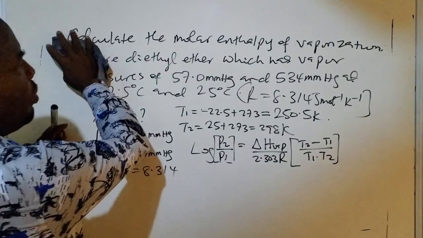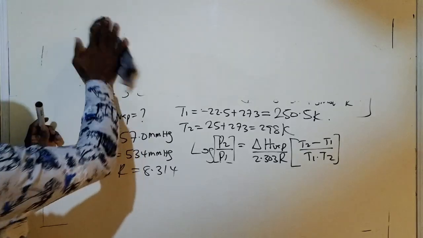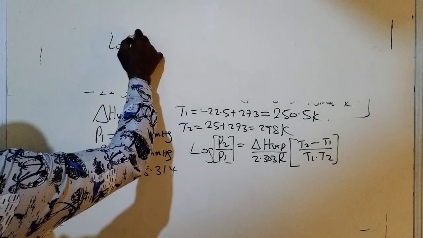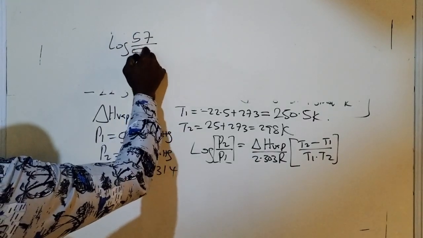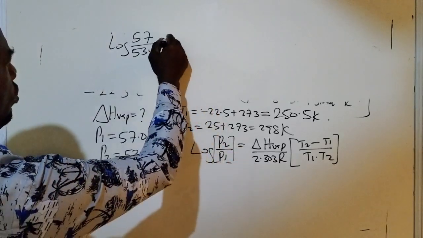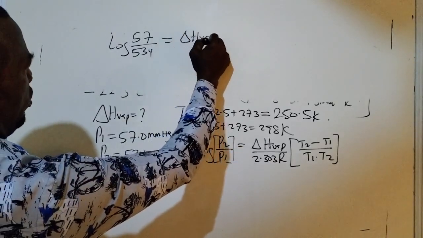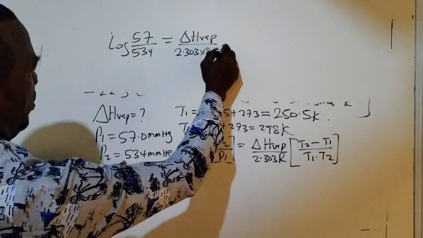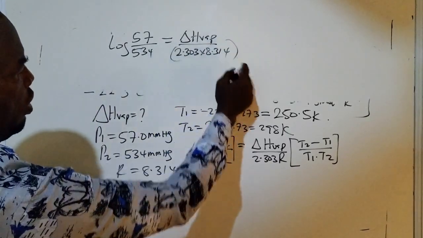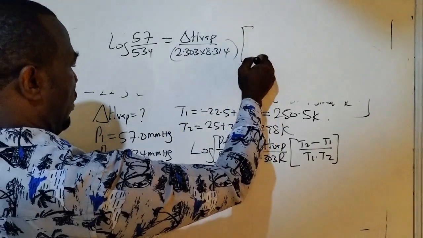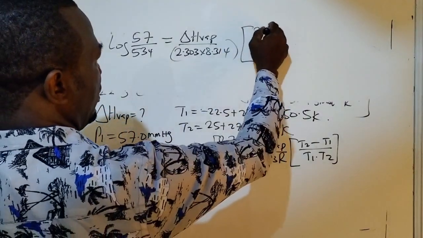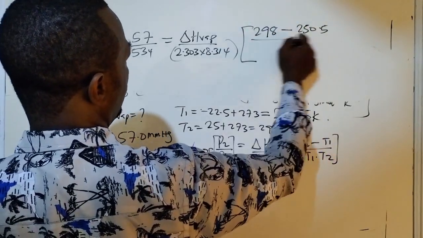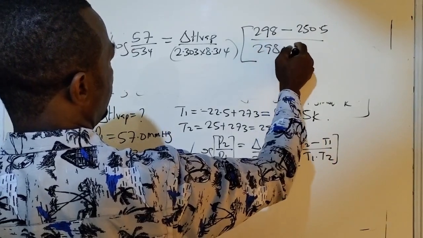We now have log, our P2 is 534, our P1 is 57, making substitution here, equal to the enthalpy of vaporization, unknown, all over 2.303 times gas constant 8.314 in the formula, then into T2 is 298, T1 is 250.5, into 298 times 250.5.